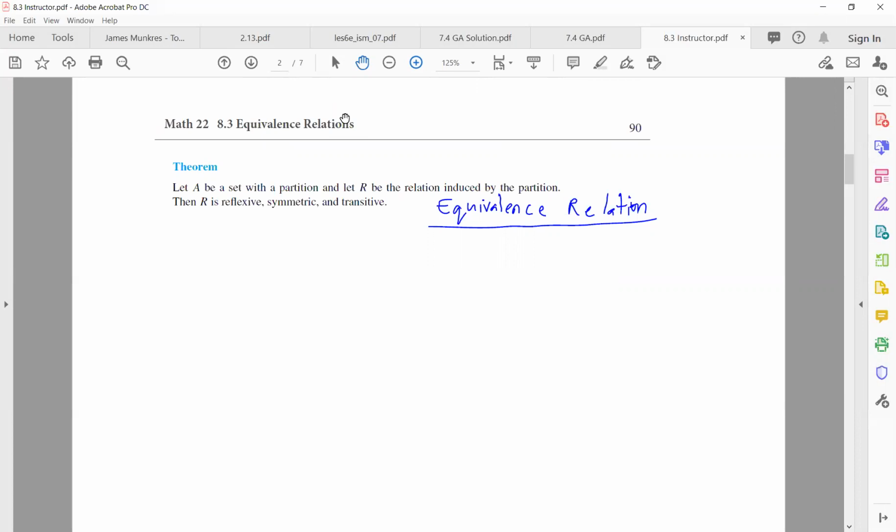We need to show that for any two elements, if those elements are actually the same thing, x and x, you can find one subset of A that actually includes those elements.